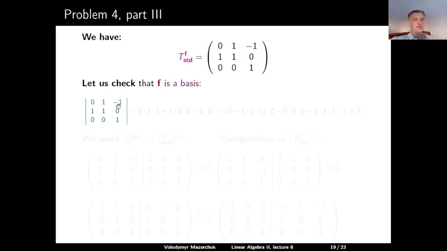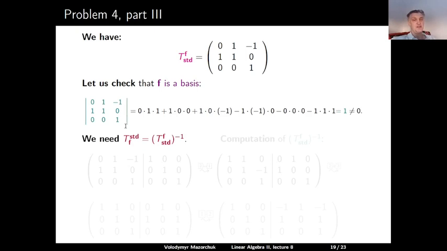The determinant of this matrix is 0 times 1 times 1 plus 1 times 0 times 0, plus 1 times 0 times minus 1, all this is 0 so far, minus 1 times 1 times 0, minus 0 times 0 times 0, minus 1 times 1 times 1. So this is minus 1, which is non-zero, so this is indeed a basis.